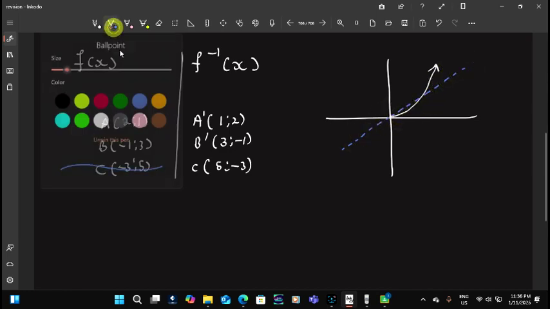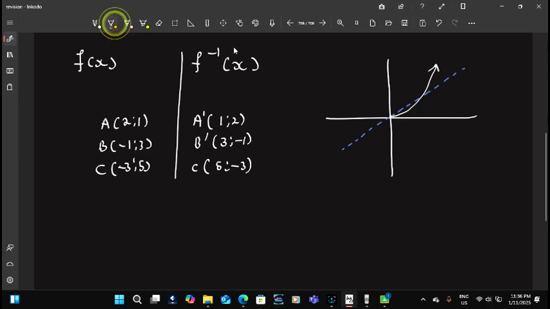So the inverse of this will be something like this. You see? This graph sees itself through y is equal to x. So it is a reflection about y is equal to x. You see? So that's what it is.